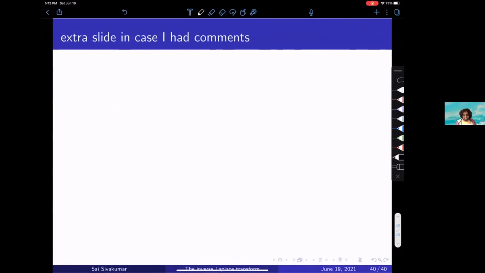I had an extra slide in case I had comments. The only comment I had was about where I learned this stuff. The book that I was reading a lot to figure this out initially is called Operational Mathematics by Ruel Vance Churchill. The version that I have is very old, published in 1960 or so.